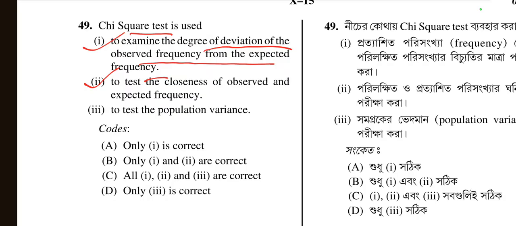Yes, this is also true. Then chi-square test is used to test the population variance. Yes, this is also true. So all the options are correct here. All 1, 2, 3 are correct. So option C is the right choice.